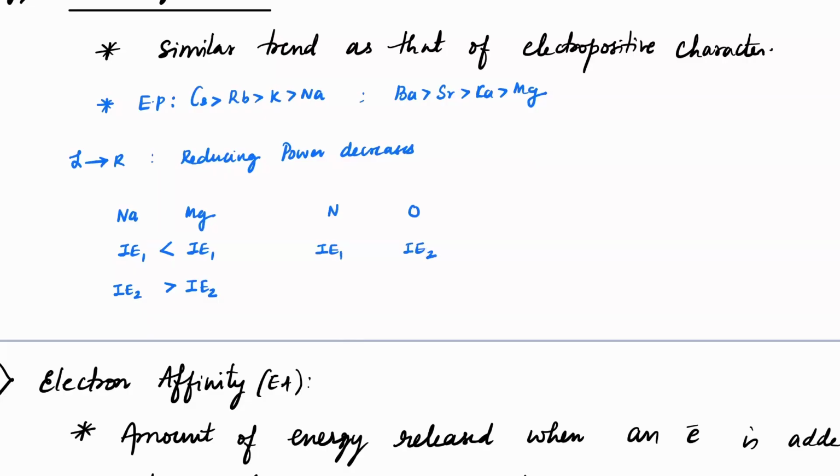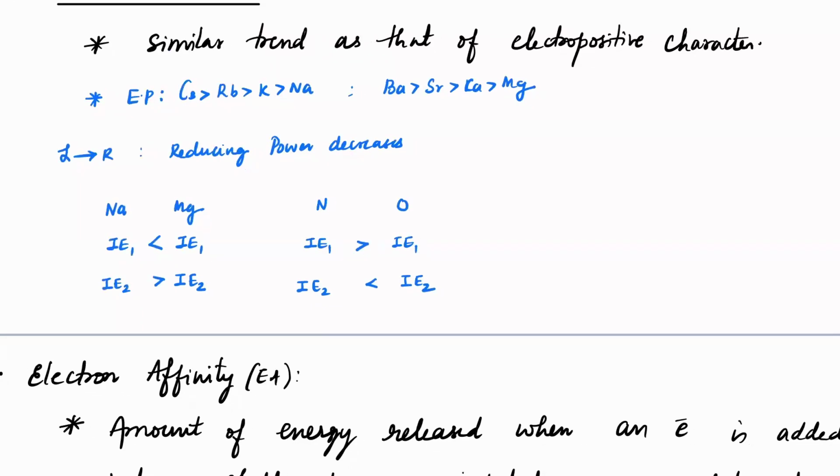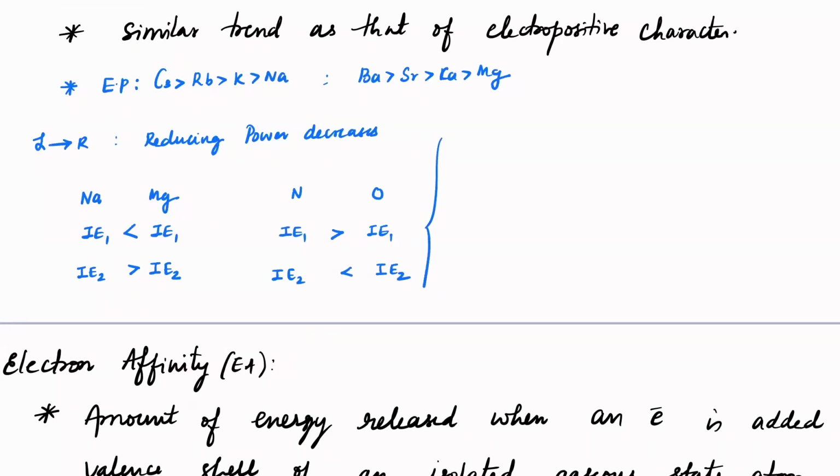We learned this already, that IE1 is lesser for sodium and IE2 is greater. So here I can say that the reducing power is always decided based on first ionization. It is inversely proportional to first ionization.